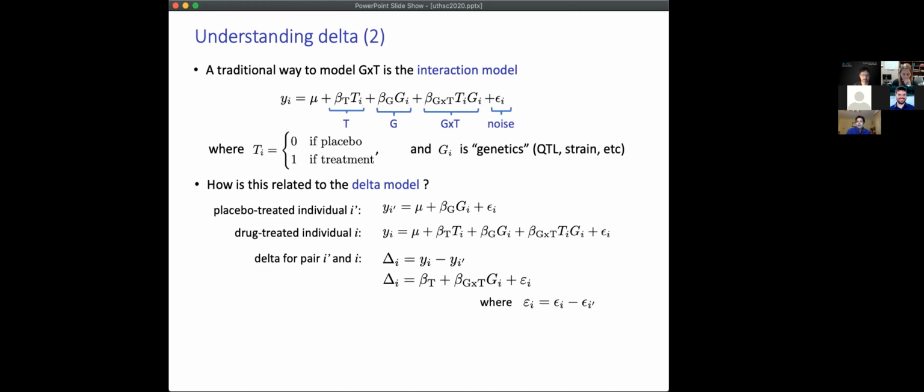The other point is really a comment. You showed us that the eQTLs for your delta had very few, if any, cis effects.